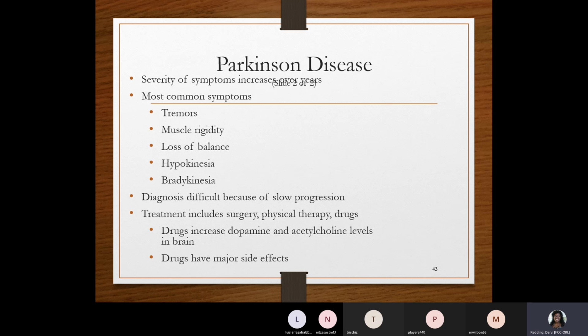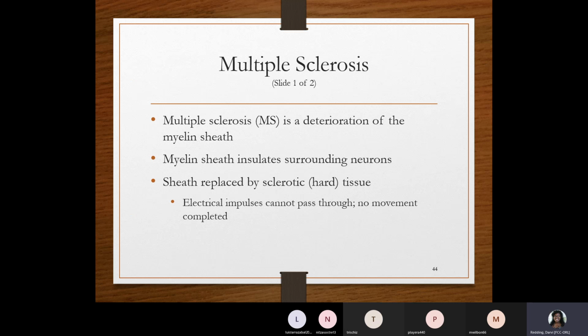However, as a reminder, any drug that is taken, you have to keep in mind all drugs have side effects. Even a person being prescribed a medication for Parkinson's, those drugs are going to have some major side effects.